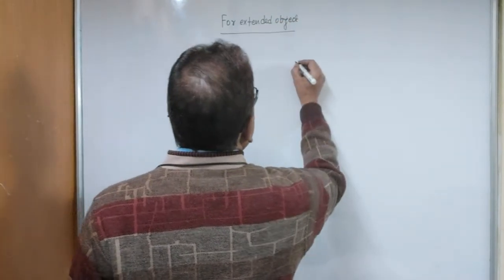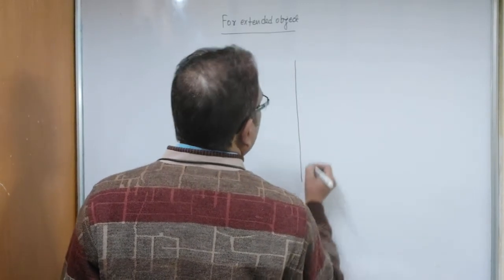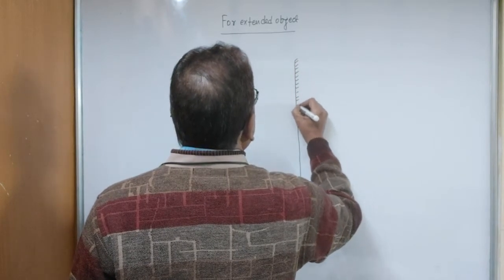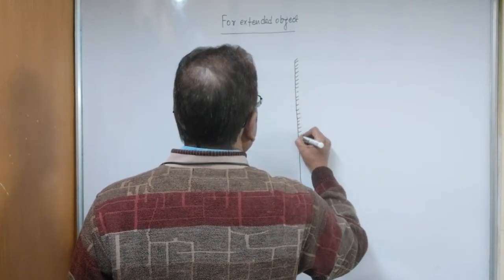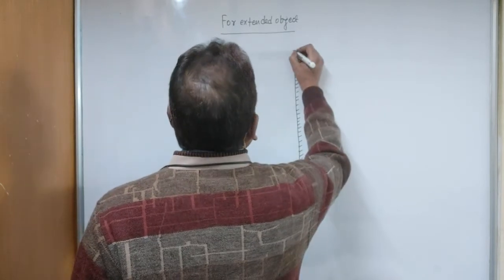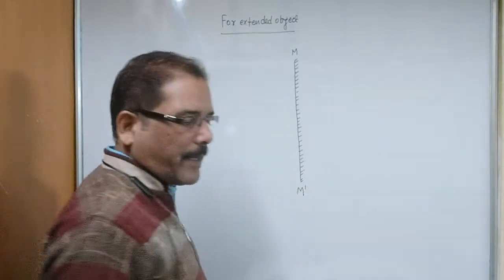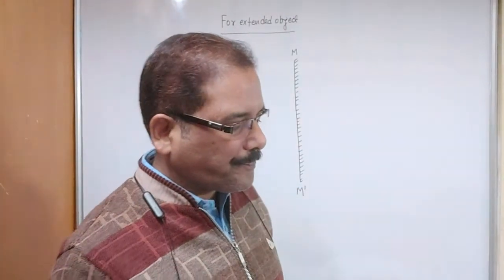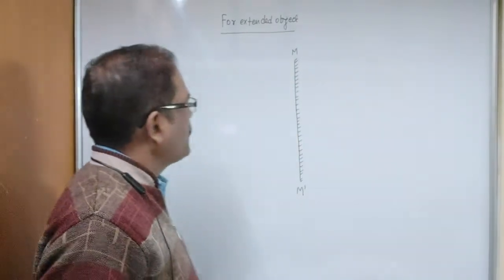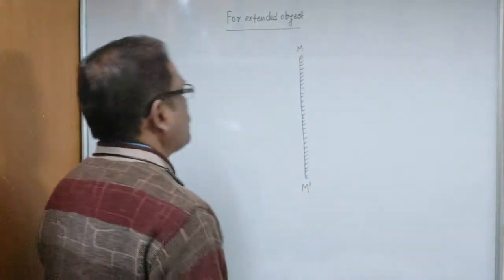So the same process, we will draw a mirror. Let the mirror be a dashed line. Now suppose the object is in front of it.